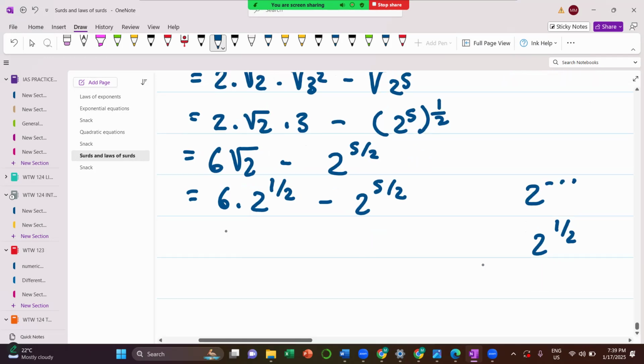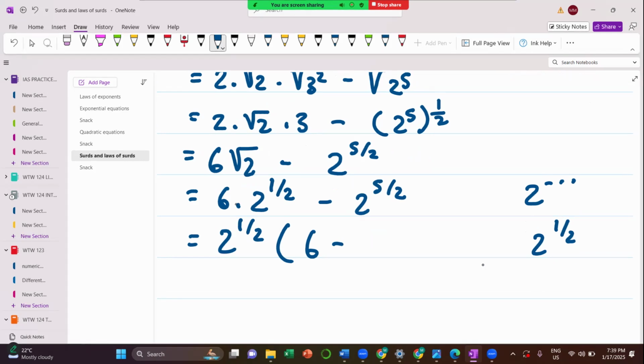So check now. I'm going to have 2 to the exponent of 1 over 2 into 6 minus... From here I'm going to subtract that 1 over 2 from that 5 over 2, because I'm taking out 2 to the exponent of 1 over 2 as a highest common factor, right?